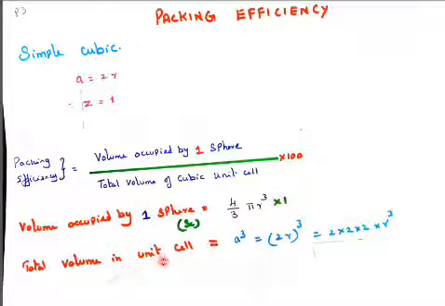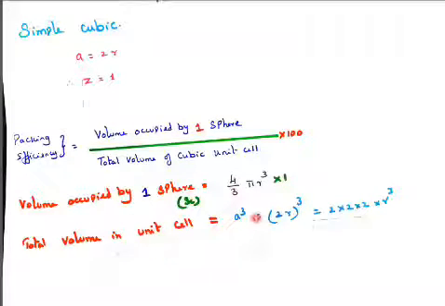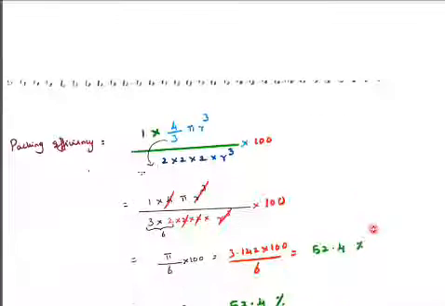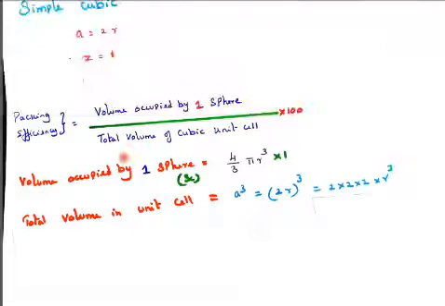Next, the total volume of the unit cell is A cubed. I have already written that the A value is 2R for simple cubic, so substitute 2R the whole cubed, that is 2 into 2 into 2 into R cubed. Then the packing efficiency is the volume occupied by one sphere divided by the total volume of the unit cell, A cubed.